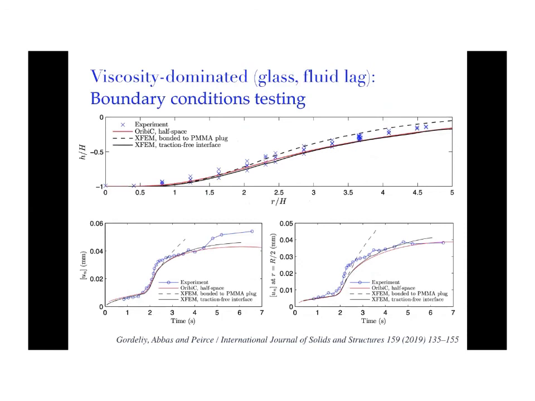On the top, you see the results from the experiments in blue crosses, and you see the two black lines. The solid black is from XFEM when we assume a traction-free interface, and the dashed black line is from the XFEM if we assume that there is a bond between the plaque and the specimen. So the real boundary conditions could be something in between these two.